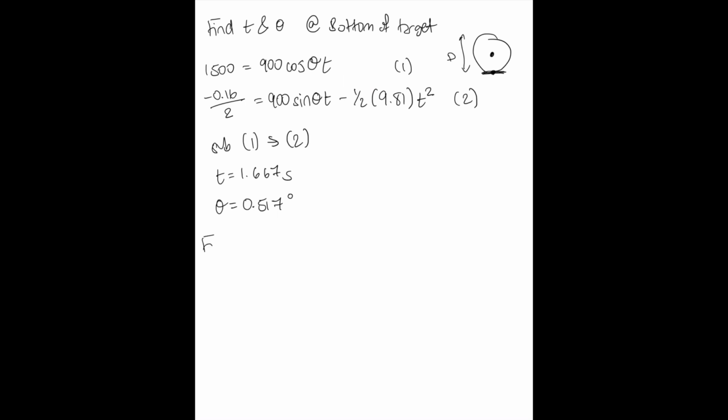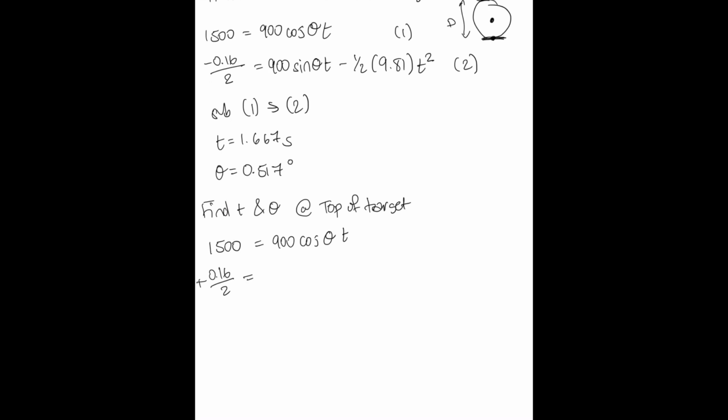Now we want to find t and theta at the top of the target, assuming he shot at the very top. We're going to use our same method again. Using the x equation, 1,500 is equal to 900 cosine theta t.